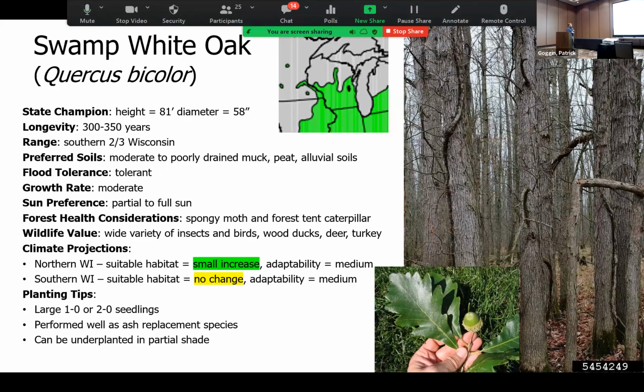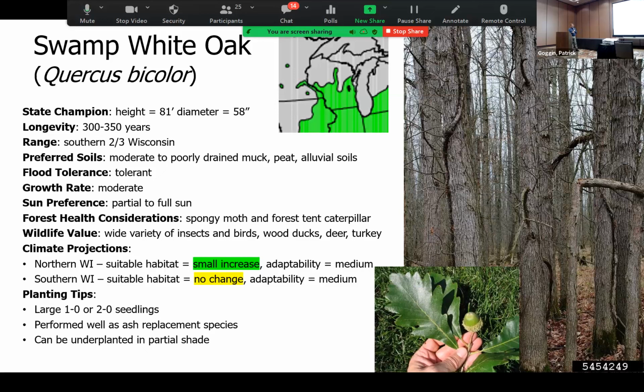It also has great wildlife value. If you've ever looked closely at swamp white oak acorns, they are variable, but they can be quite large. And we're oftentimes racing both the deer, the squirrels, the ducks, everything wants those acorns in the fall. And so collecting them can be quite challenging sometimes. So from a wildlife perspective, they're a great tree.